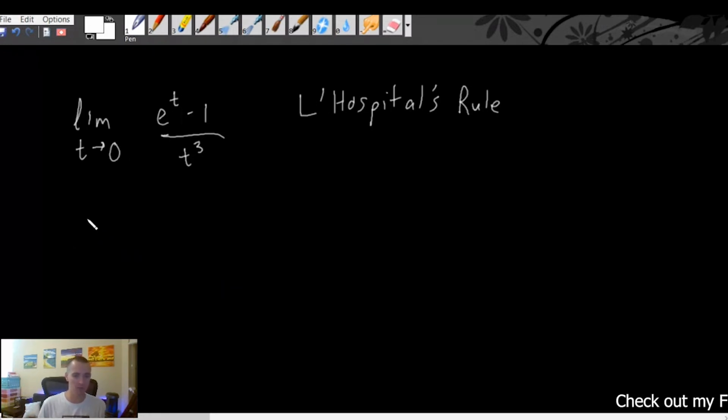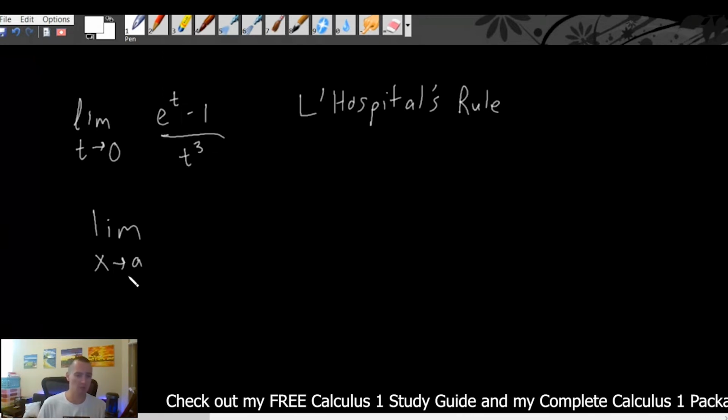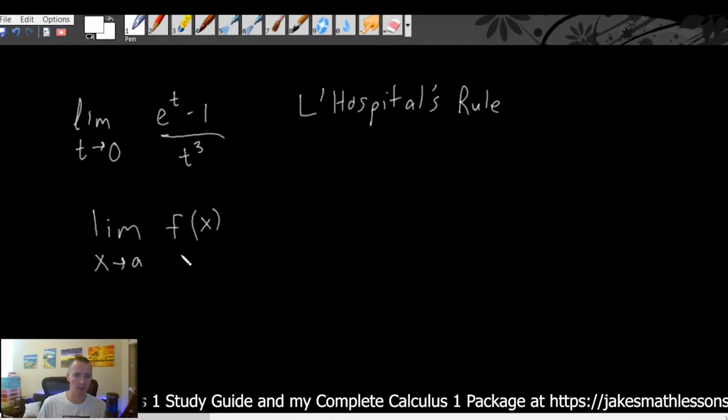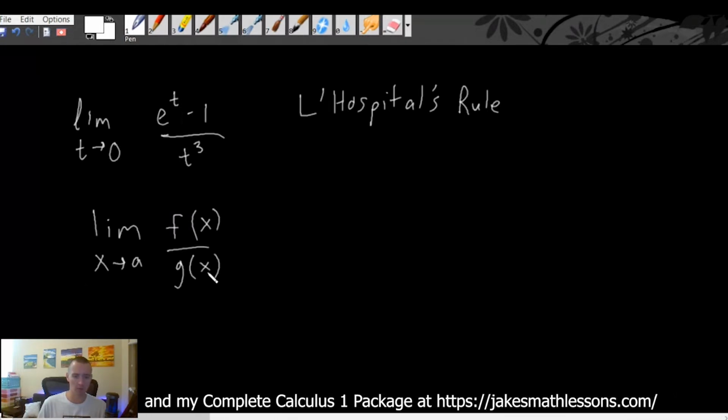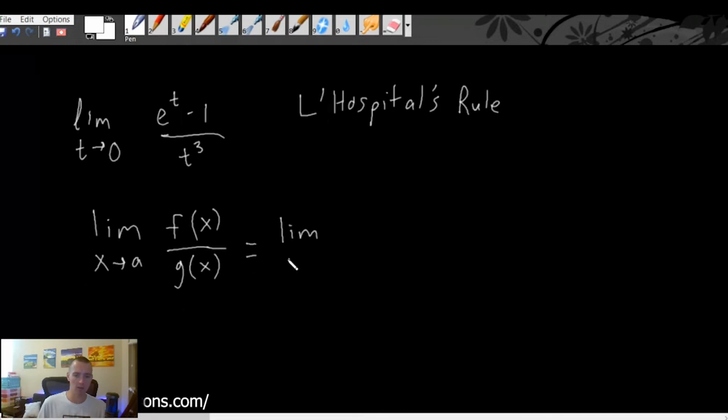But if we can use it, what it tells us is this: if we have a limit as x goes to some number, and it doesn't really matter what it is, it could be as x goes to 0, as x goes to infinity, as x goes to whatever, and the thing we're trying to find the limit of is a fraction, with some function of x on the numerator and some function of x on the denominator, then instead of evaluating this limit, we can evaluate a new limit, which is the derivative of the top of our fraction over the derivative of the bottom of our fraction.